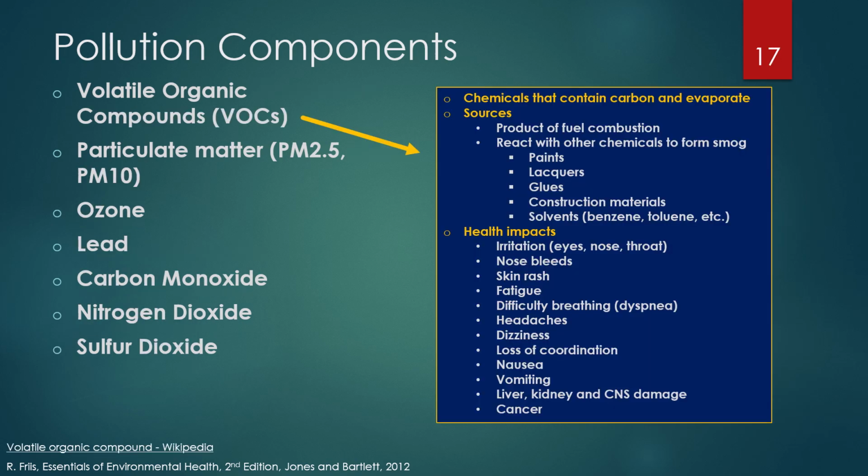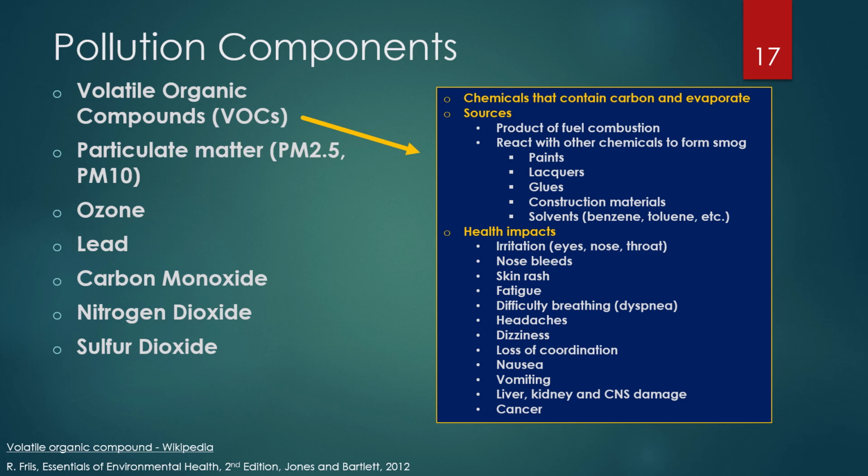Volatile organic compounds, VOCs, are chemicals that contain carbon and evaporate in air. VOCs are generally the product of fuel combustion, including petroleum products and coal. Examples of other VOCs include paints, lacquers, glues, construction materials, and solvents like benzene and toluene. VOCs interact with other chemicals in the air to form smog.